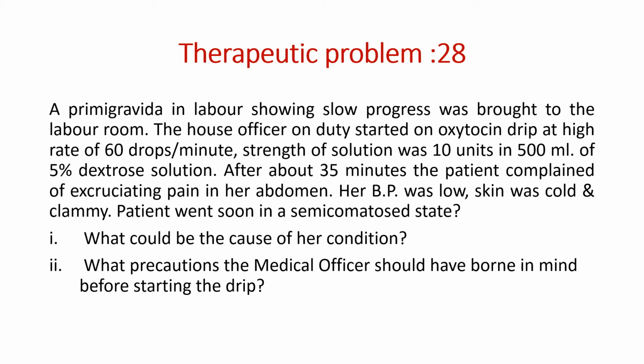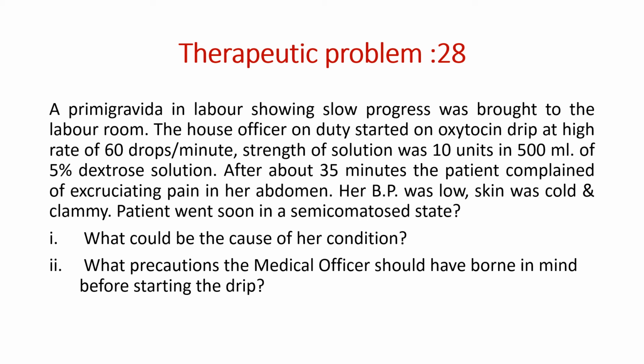Her BP was low, skin was cold and clammy, and she went soon into a semi-comatose state. So our question is, what could be the cause of her condition, and second, what precaution the medical officer should have borne in mind before starting the drip.